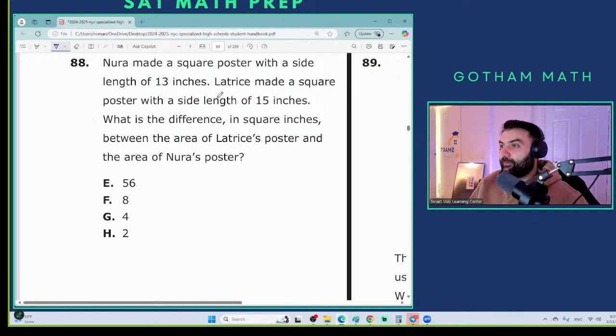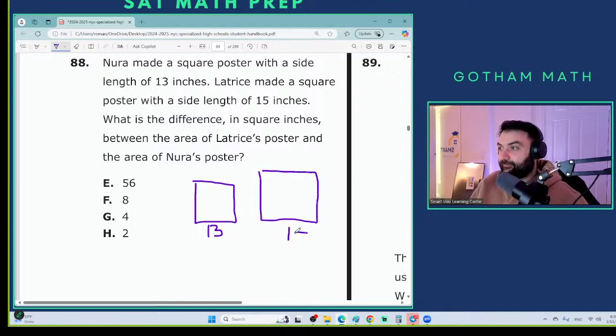Nura made a square poster with a side length of 13 inches. Latrice made a square poster with a side length of 15. What is the difference in square inches between the area of Latrice's poster and Nura's poster? Oh my god, how easy was this question? How many seconds, Michi? Maybe 25.